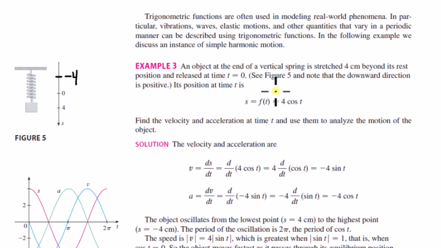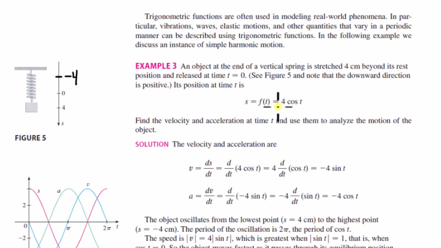When time t is equal to 0, cosine of 0 is 1, so you're at +4. Then you release the block and the timer starts. The position as a function of time is 4 cosine t. Since cosine t goes from -1 to 1, you're just oscillating between 4 and -4.